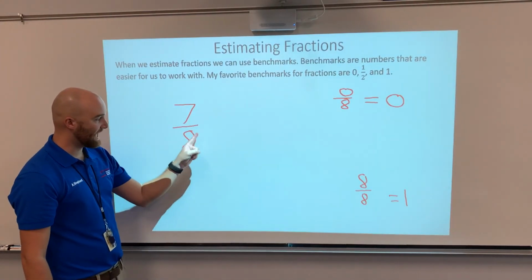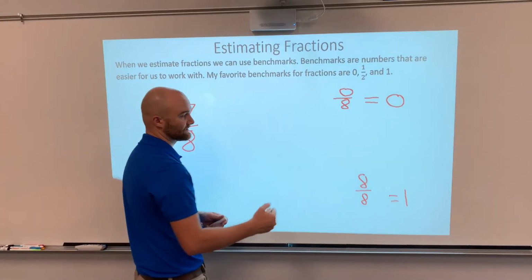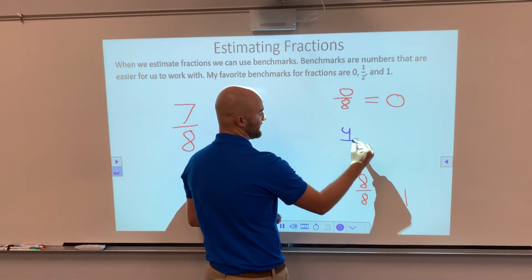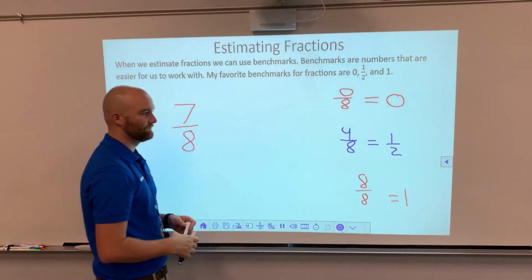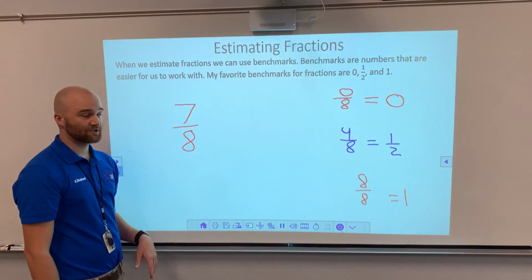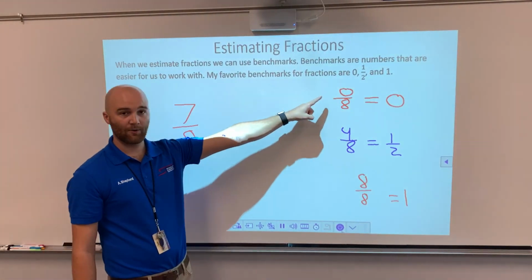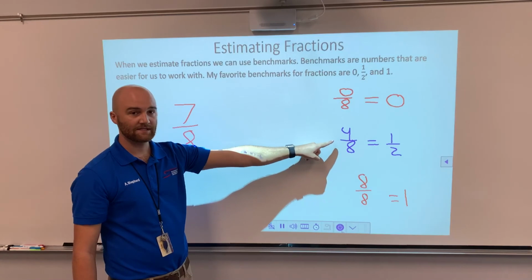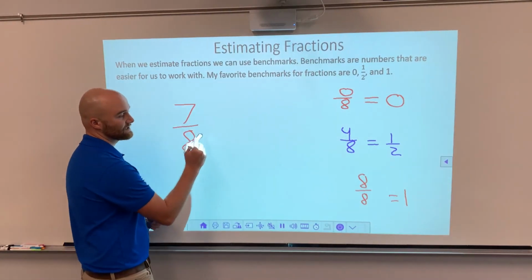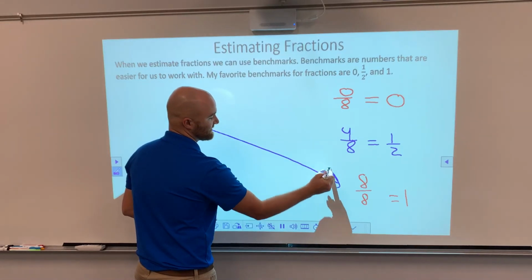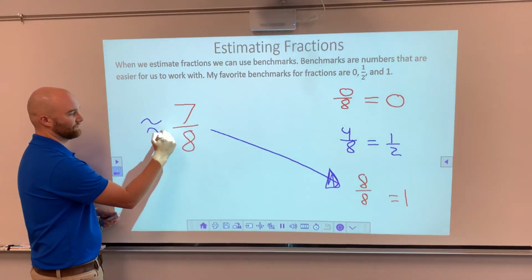Well, what is 1/2 of 8? 1/2 of 8 is 4/8. So 4/8 is close to 1/2. Then to figure out which benchmark I should use, I look at 7/8 and I say, is that closer to 0/8, to 4/8, or to 8/8? I think it's closest to 8/8, so I'm going to use 8/8 as my benchmark, and I'm going to say this is about 1 whole.